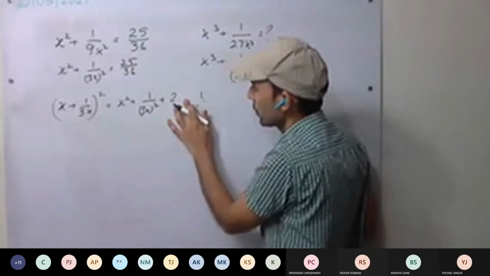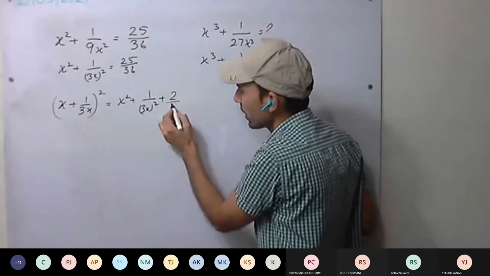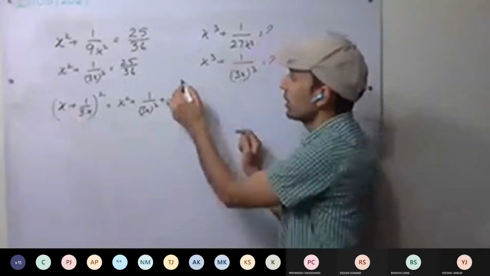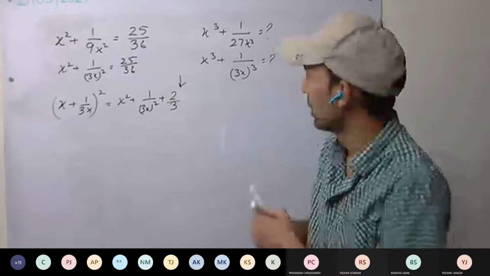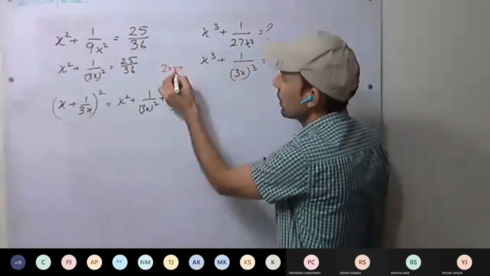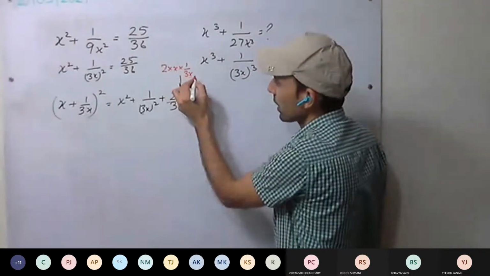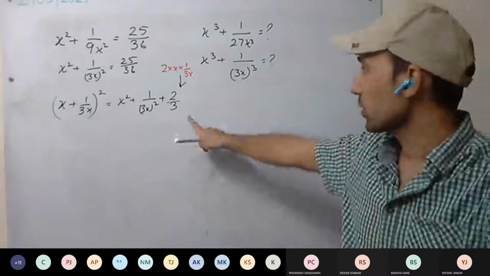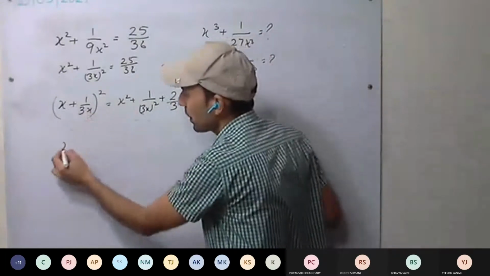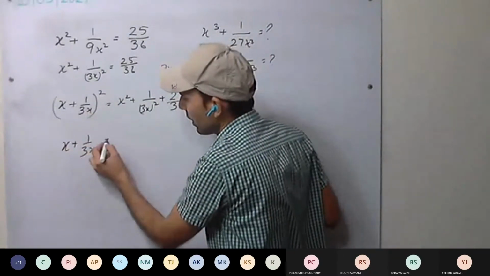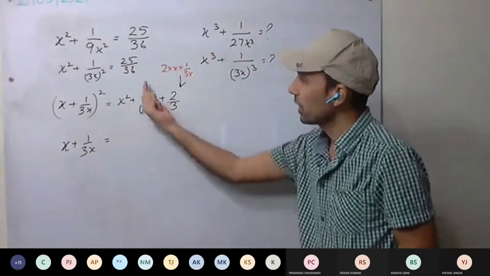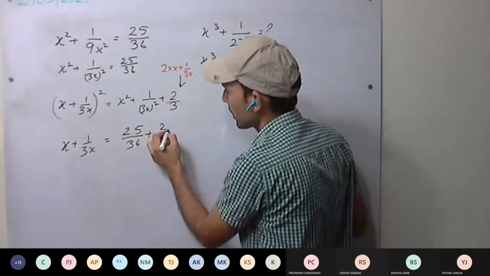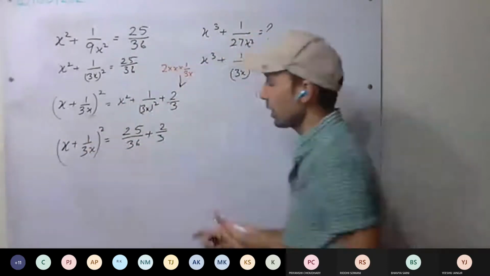So how much are you getting? 2 upon 3. Don't forget this 3, because it is 2ab. Understood this one? Calculate its value and tell me how much you have got. Everyone calculate the value. Put here its value 25 upon 36 plus 2 upon 3. Calculate the value.